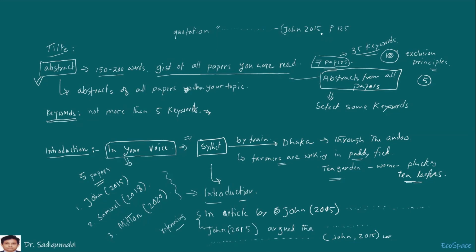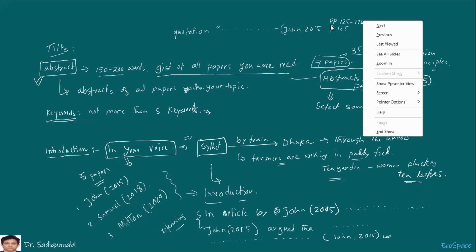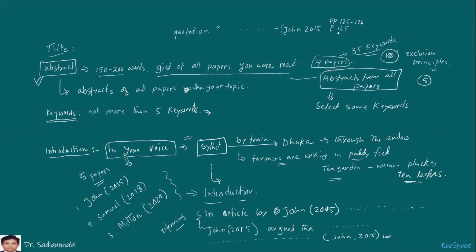If the quotation is distributed over more than one page, then pp 125 to 126. Okay, so pp is for plural page numbers, and p is for a single page number. So this is the style for quotation.